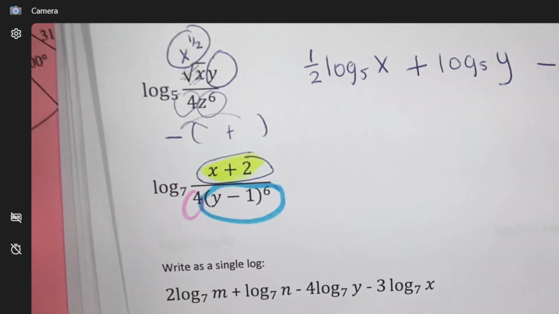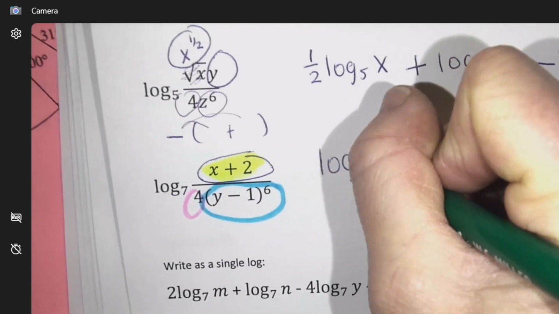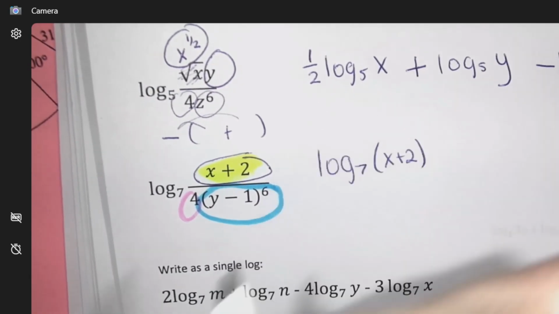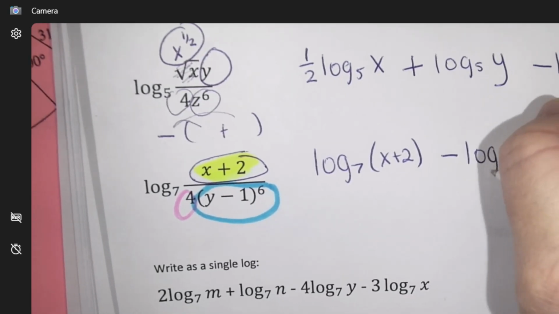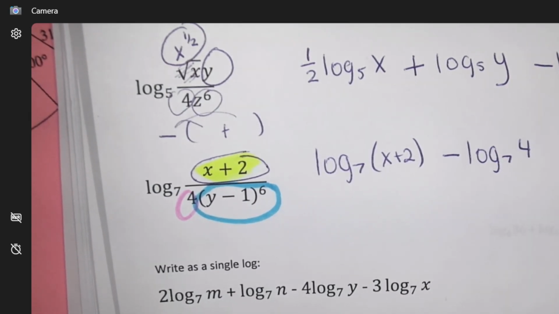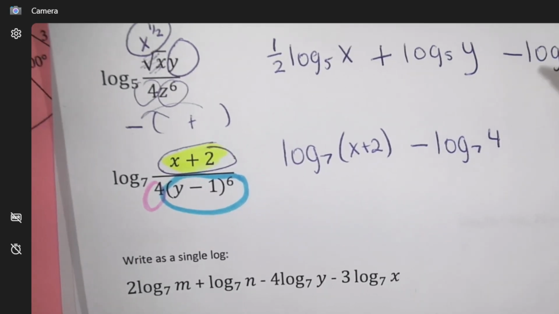And then that is its own thing. So there's going to be 3 separations. So log 7 bracket x plus 2. Because it's a clump together. Okay, the 4 item is on the bottom, so I'm going to minus. And then the y item is on the bottom, so I'm going to minus.